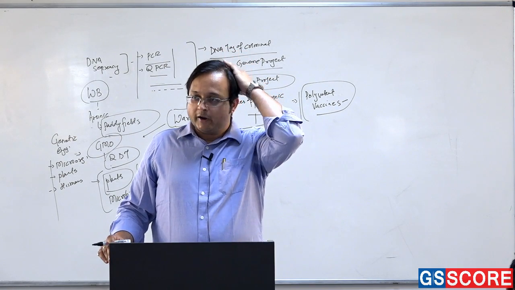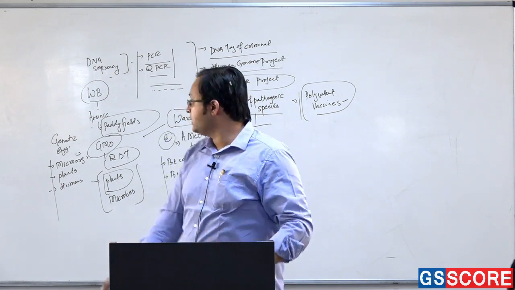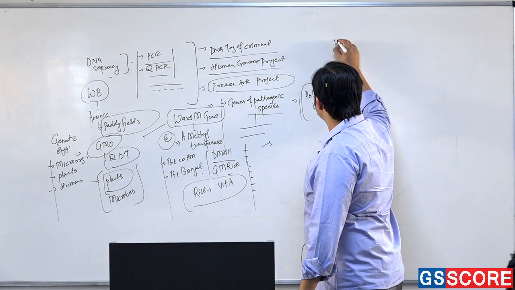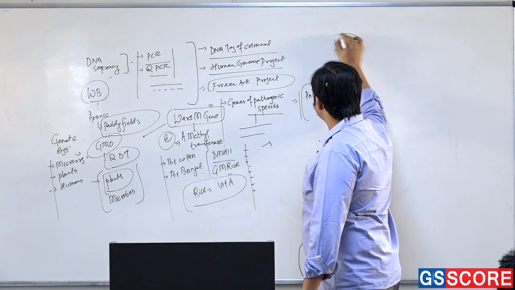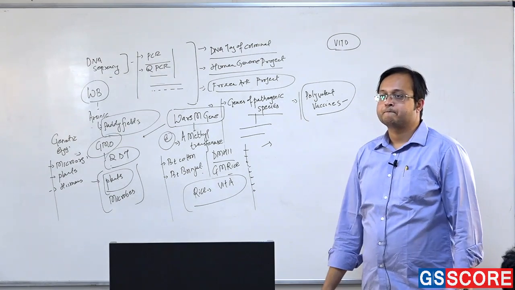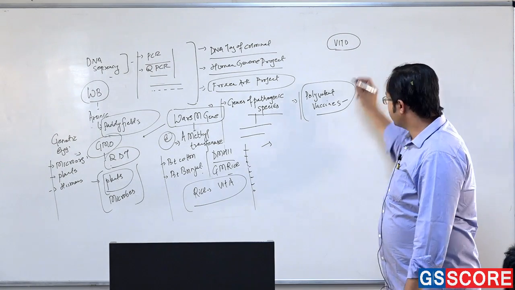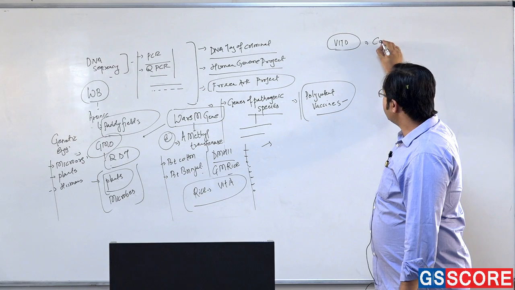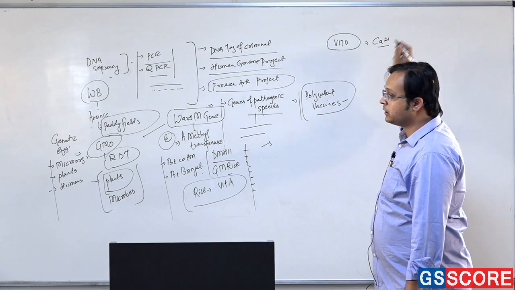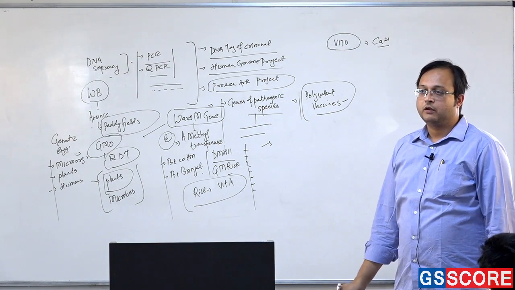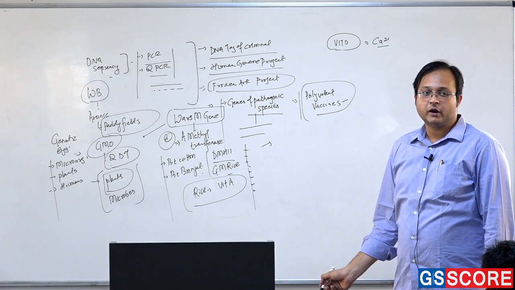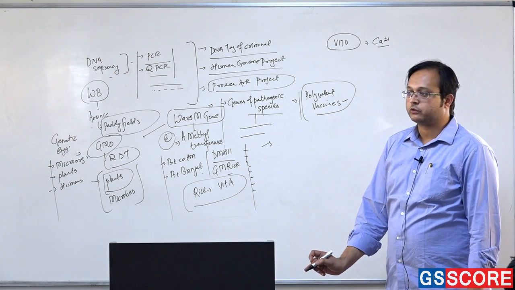So to increase vitamin D, specifically why is this vitamin D required? It is associated with calcium accumulation, release of calcium in blood or accumulation of calcium in bones.